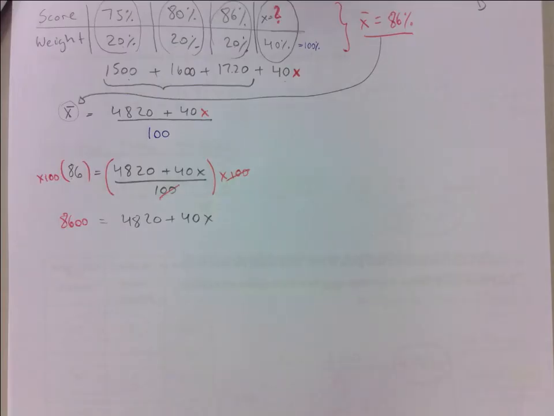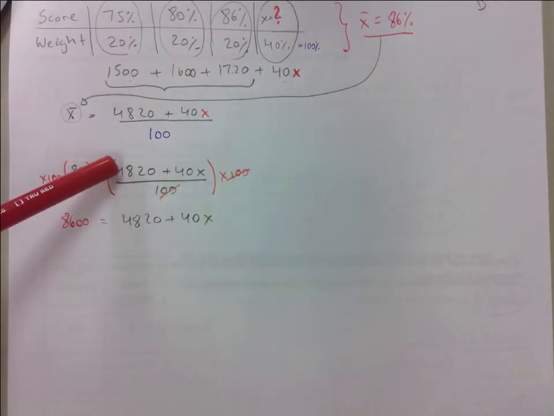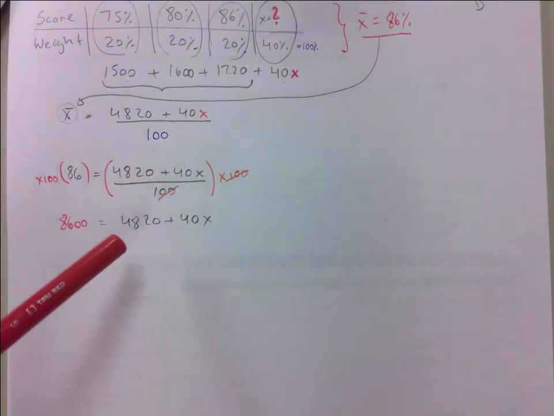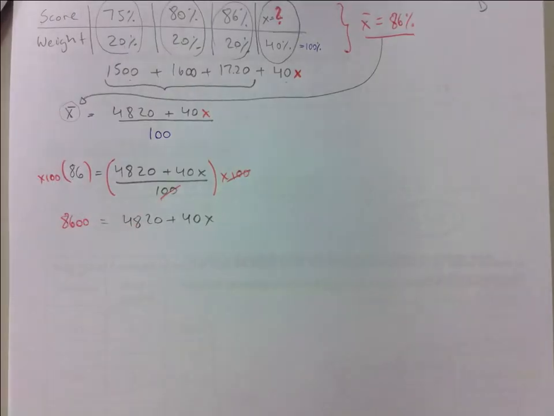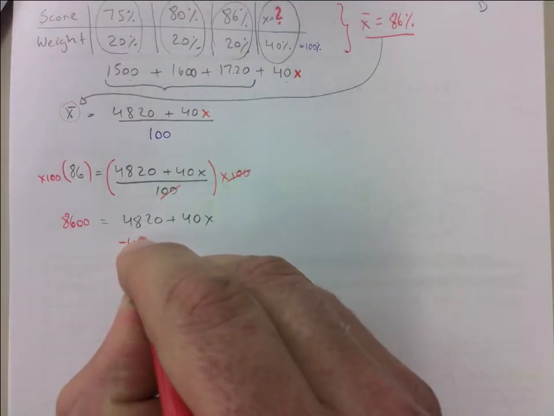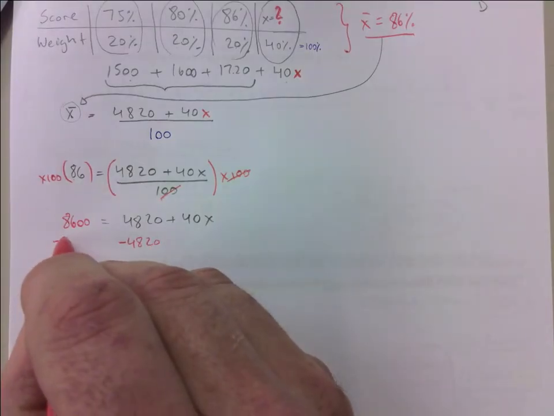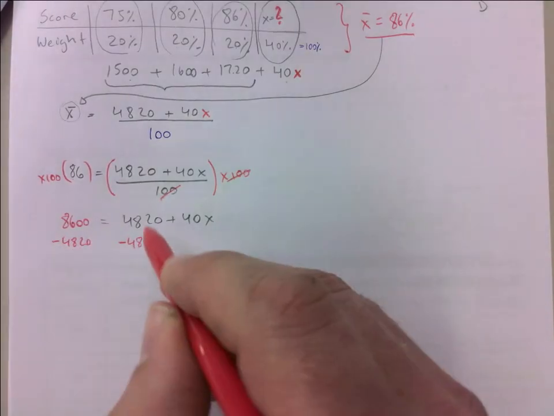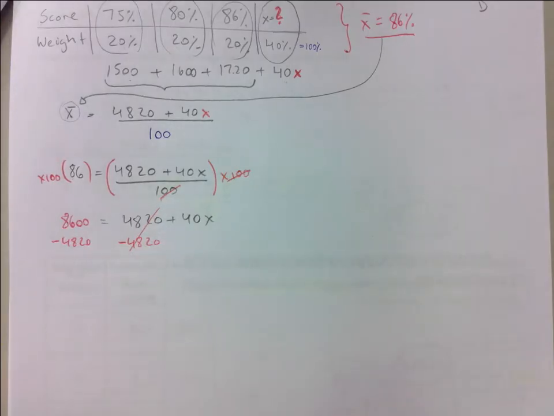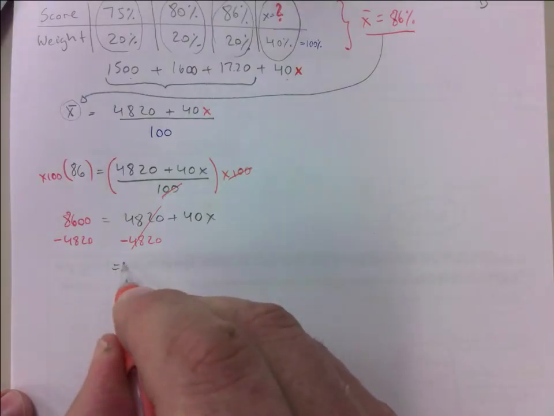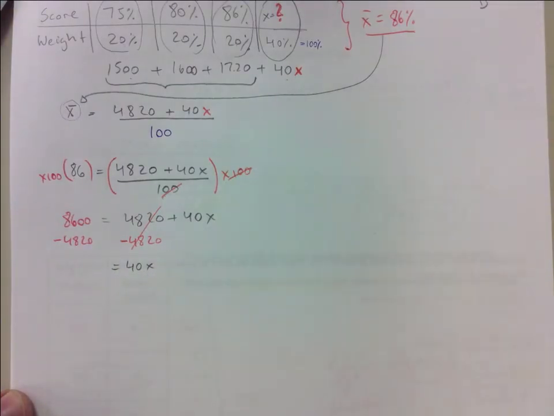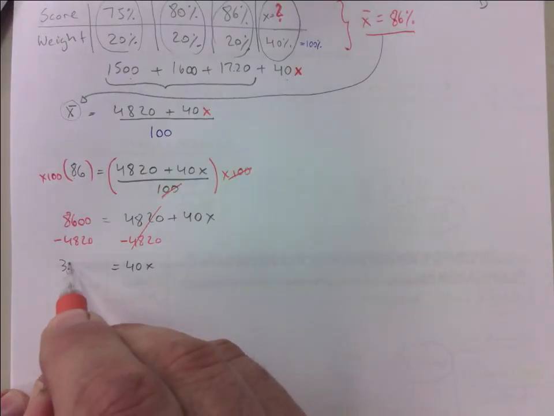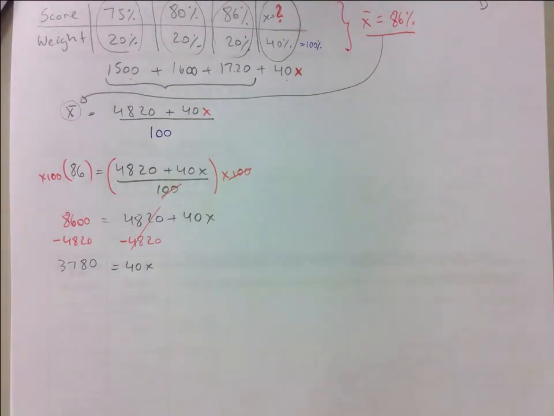So when there's a bunch of stuff around x, first get rid of the denominator, then get rid of the number that's adding to it, like this one right here. I'm going to go minus 4820 minus 4820 to cancel that out. Some of you are going to need this skill for entrance exams. They want to know, do you know algebra?